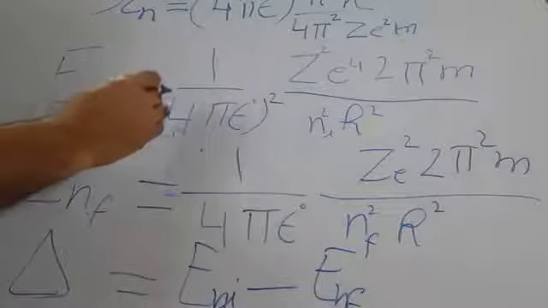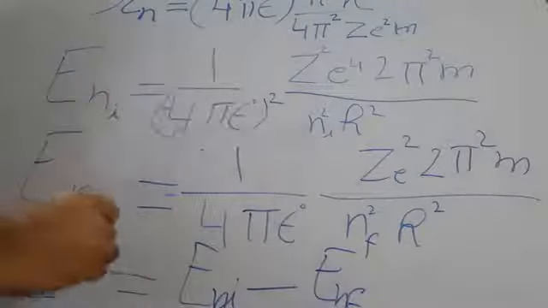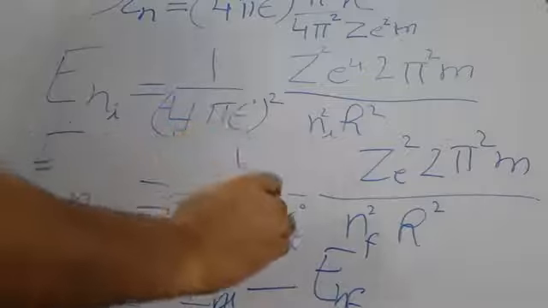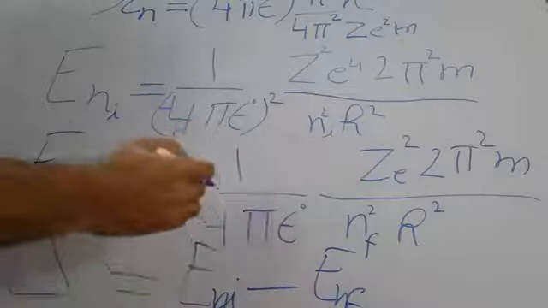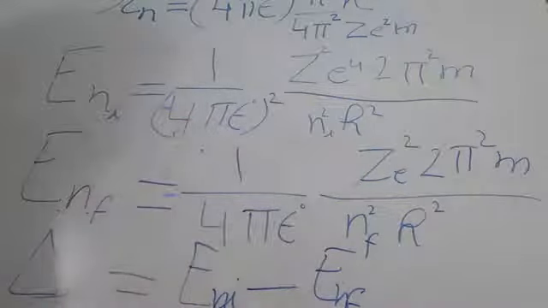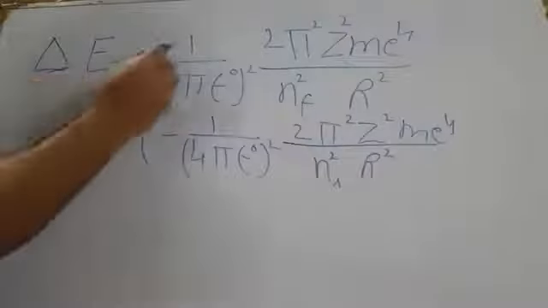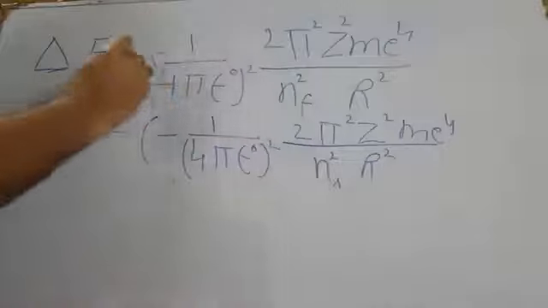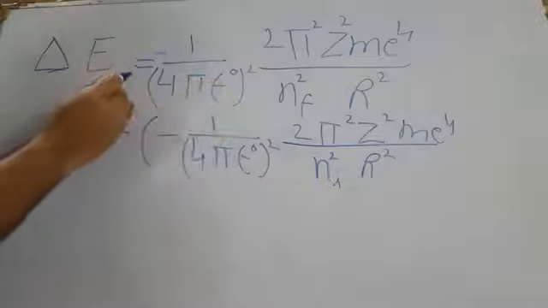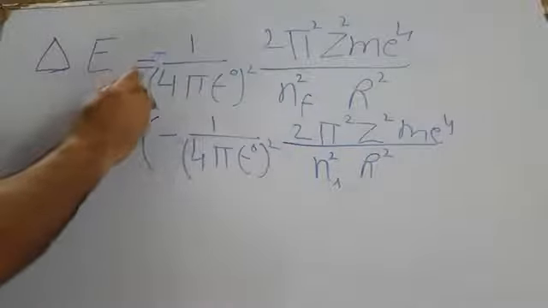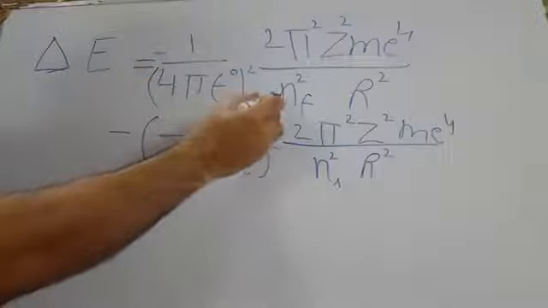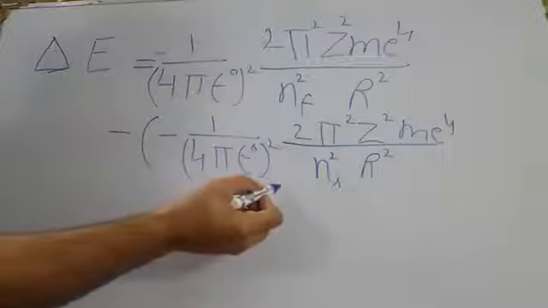If we subtract from initial to final, then the equation would come out to be: we can get delta E by subtracting the value of E final and E initial.